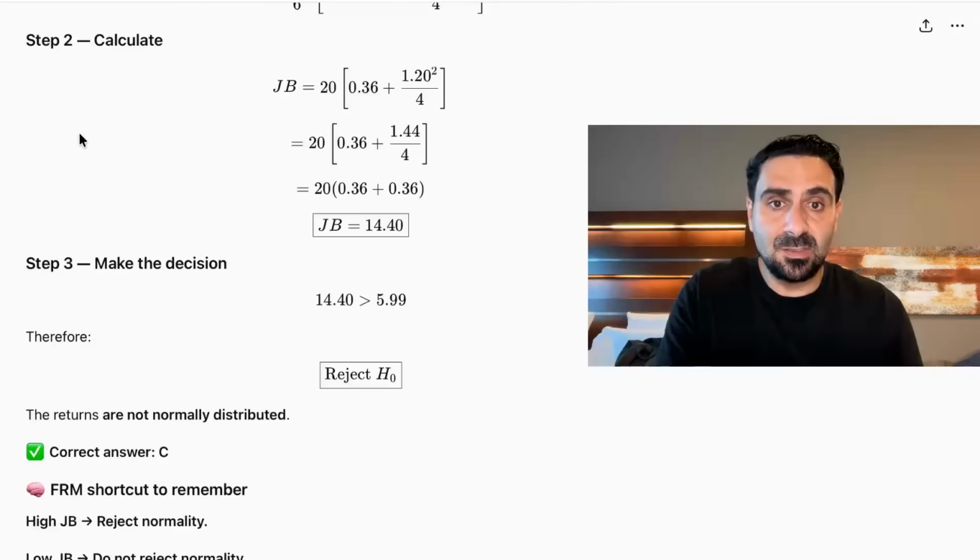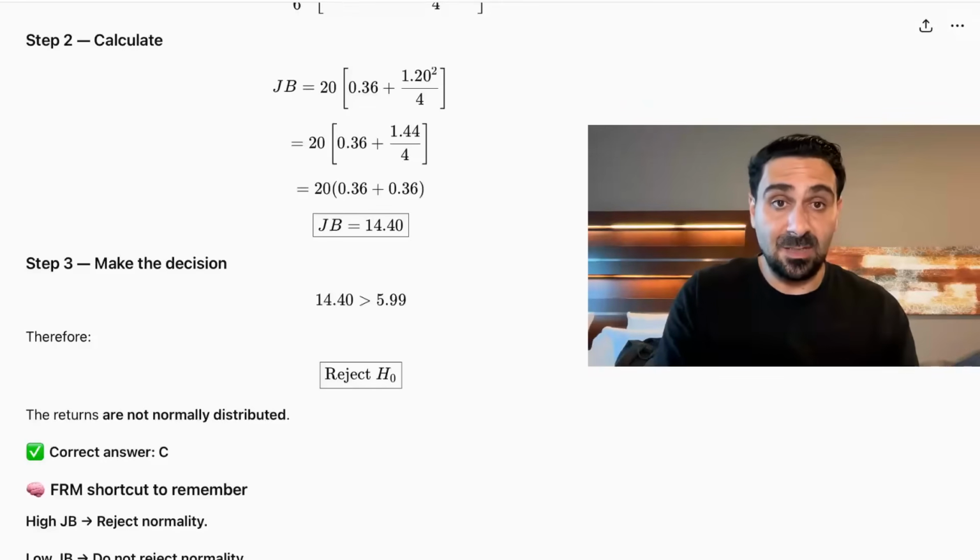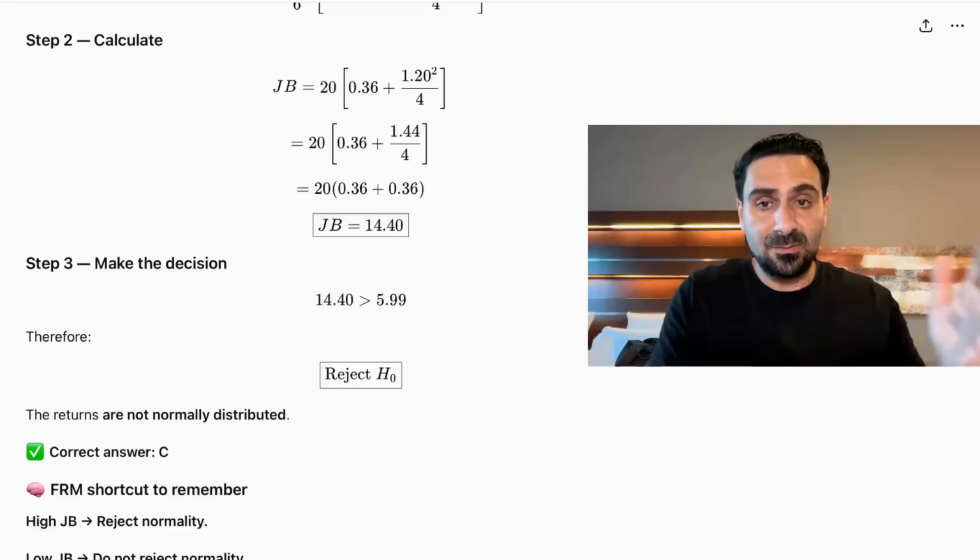In this case, you will reject the null hypothesis and you will fail to accept the null hypothesis. This is the correct term, and you will accept the alternative hypothesis. In this case, we're talking about the normal distribution. It's not normal.